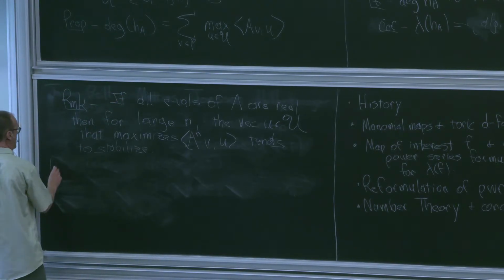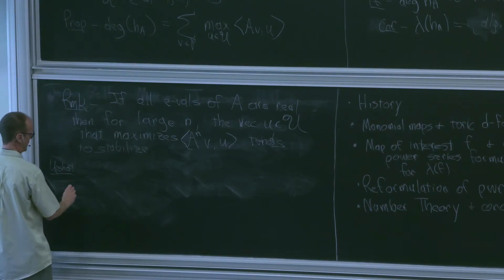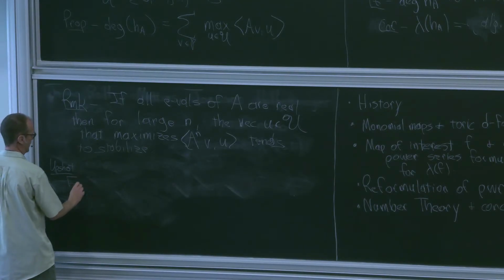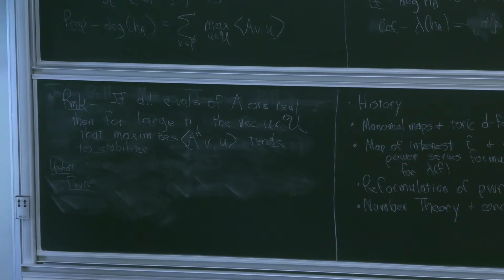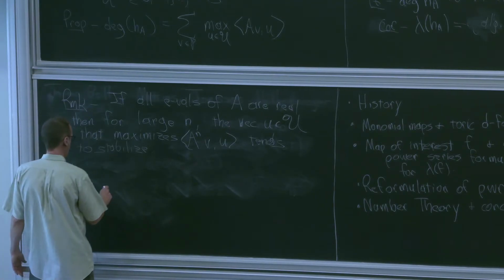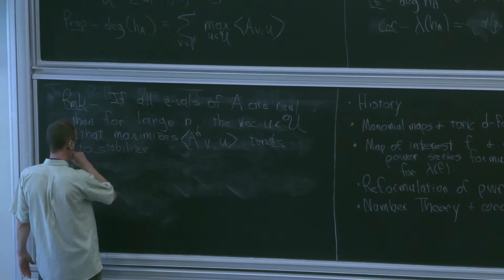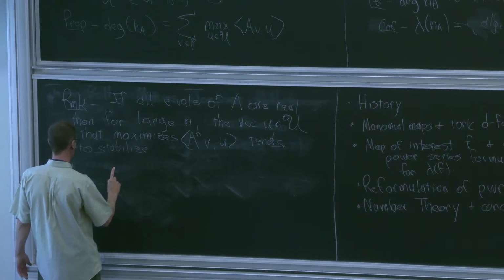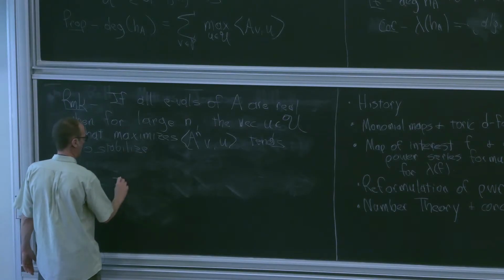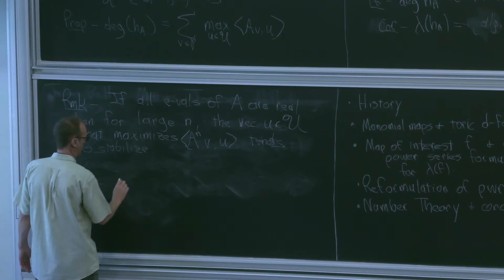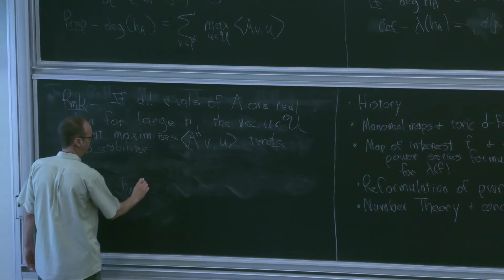So the upshot is there are two theorems that come out of this. One is, so not long after we wrote our paper together, Favre noticed this one. You have a monomial map in two variables.